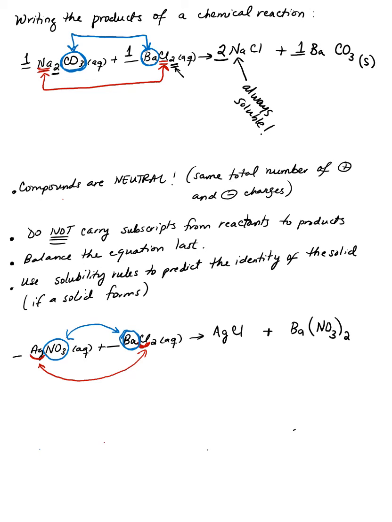Now you need to balance the reaction. You cannot balance the reaction until you're done writing the correct formulas for your products. I have 2 nitrates on the product side, and on the reactant side you have just 1 nitrate combined with the silver. So to make your number of nitrates the same, you need to put a coefficient 2 in front of silver nitrate.